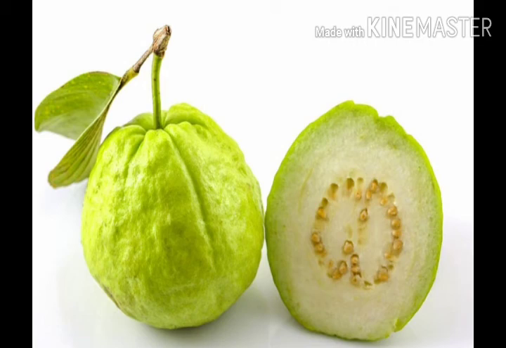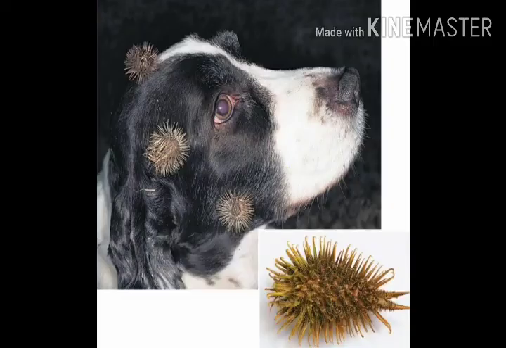All such seeds are carried far away from the parent plants. Seeds of many plants have stiff hair, hooks or spines. These seeds stick to our clothes and the fur or the skin of animals and are carried far away by these animals.